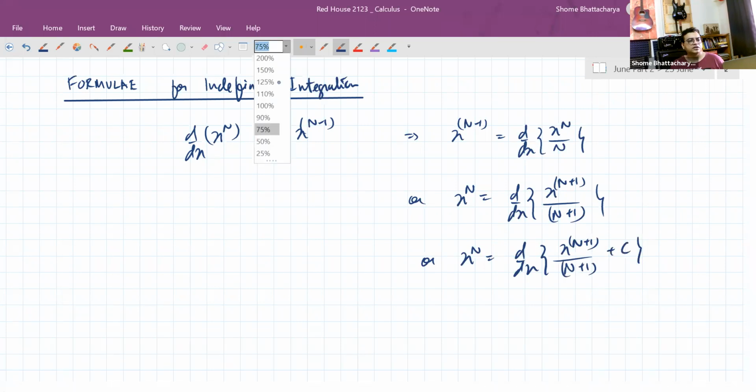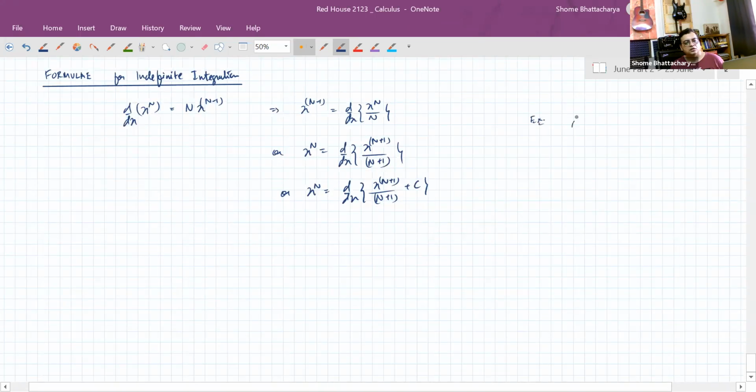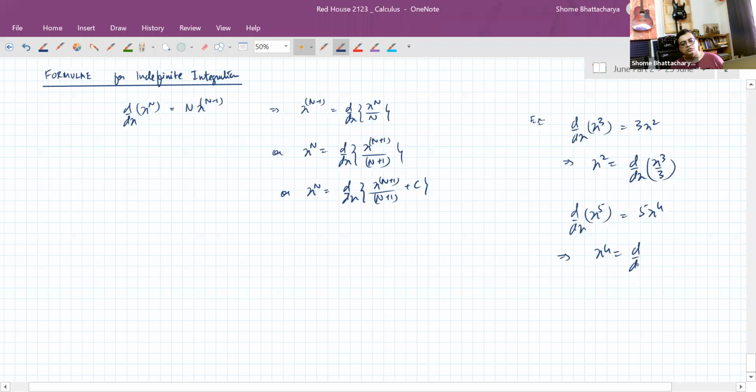We can further understand this with some examples. Differentiation of x cube we just saw is 3x square. So that means x square can be written as differentiation of x cube by 3. Differentiation of x to the power 5 is 5x to the power 4. So that means x to the power 4 has the antiderivative x to the power 5 by 5.